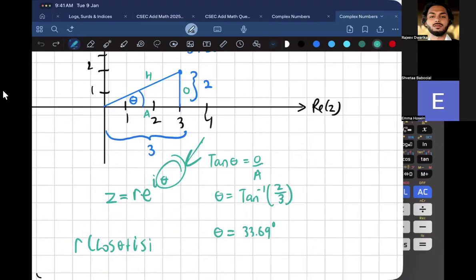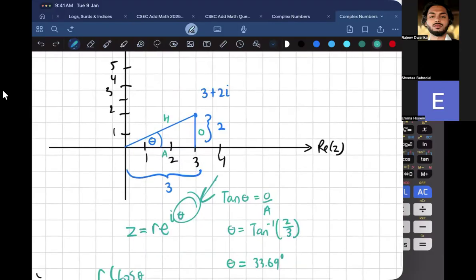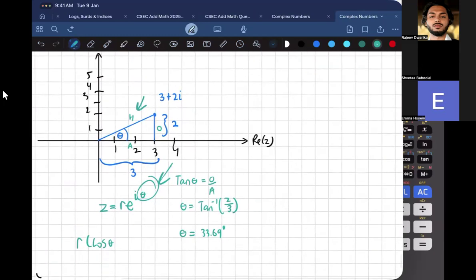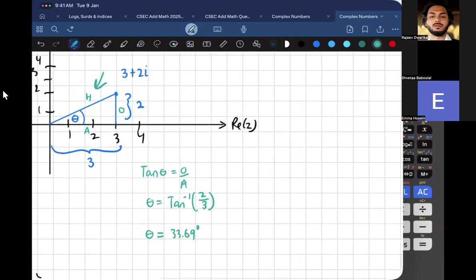Cool. So this was just a prelude. I think everybody understands this. And if I wanted, I could find the hypotenuse using what? Pythagoras. Yes, I have a right angle triangle and have two sides.